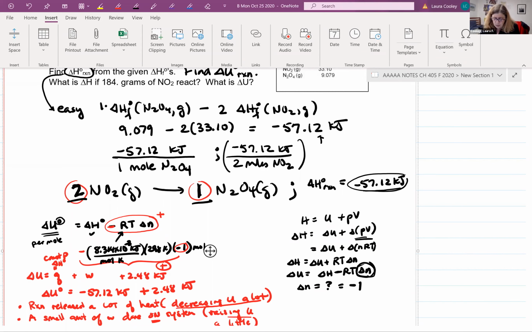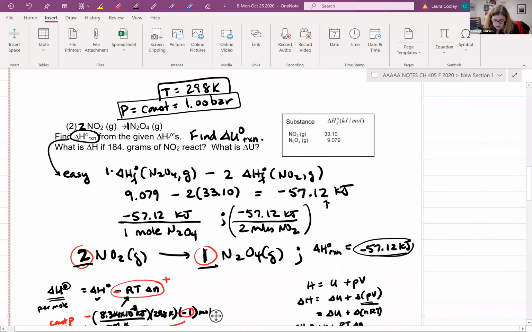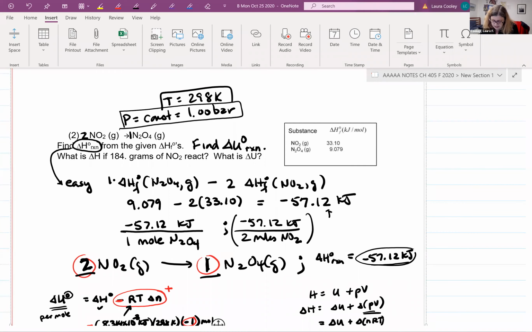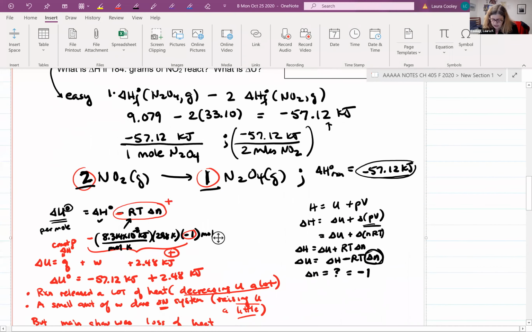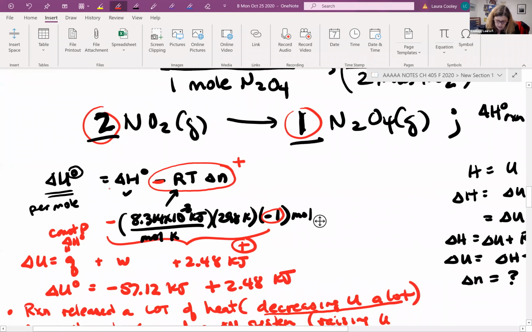This reaction loses a mole of gas. So when you're working with the molar delta H, it's much easier to figure out what the change in moles would be. And this is what I'm talking about: when you have to find delta U from delta H and a delta N.